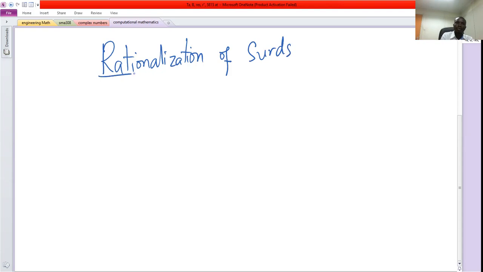Rationalization means to change an expression from being a surd into just a rational number, or simply a number without a square root sign.